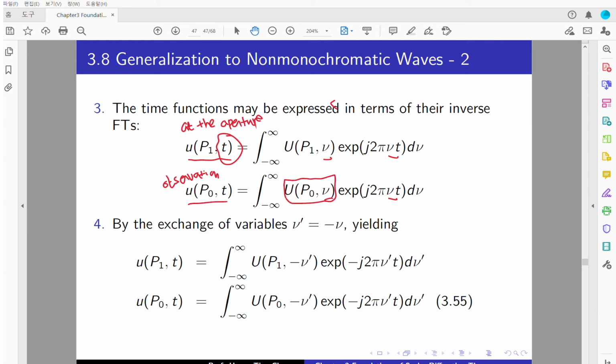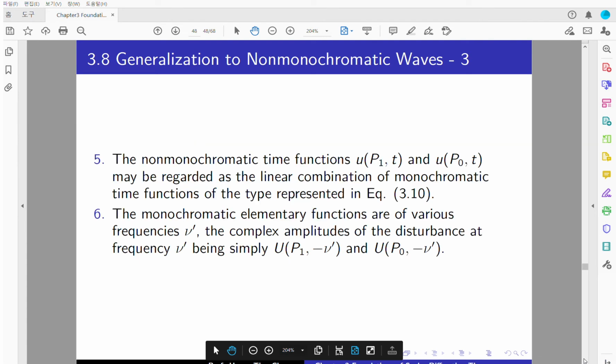Okay. And then we can do the integral for time dependence. The monochromatic elementary functions are various frequencies in u prime, the complex amplitude of the frequency being simply like this.